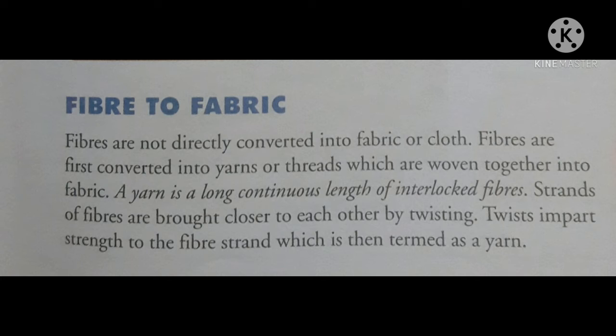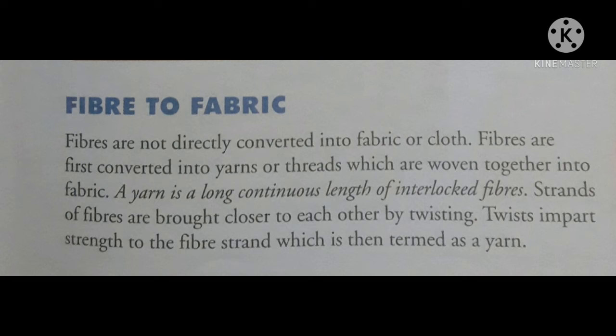The topic is fiber to fabric. Fibers are not directly converted into fabric or cloth. Fibers are first converted into yarns or threads, and these yarns or threads are woven together into fabric.